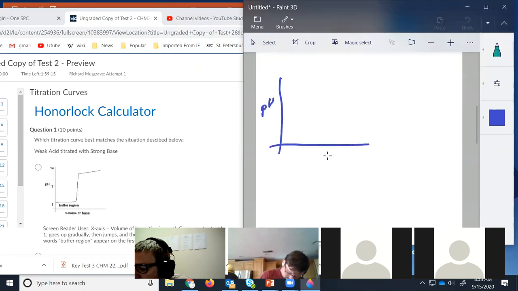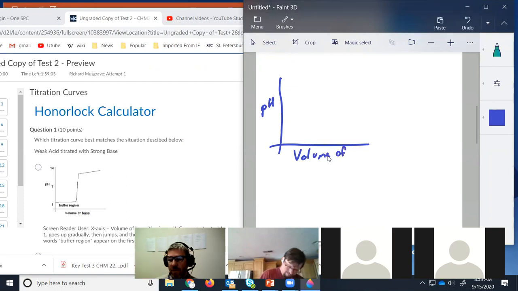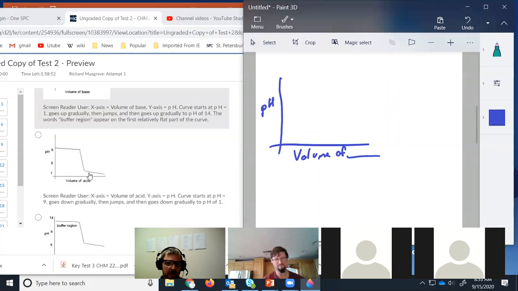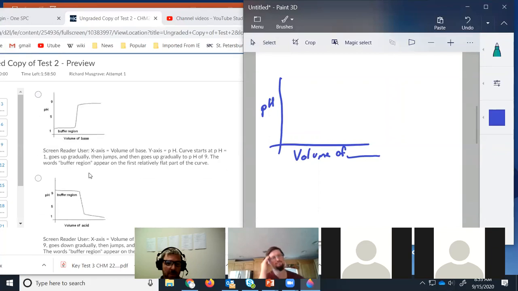So we'll have pH over here, and we're adding strong base, so it'd be volume of what, acid or base, is going to go on the x-axis. What's going to go on the x-axis? Volume of what? Acid or base? Remember, there's plenty of answers here. Could be volume of acid, could be volume of base.